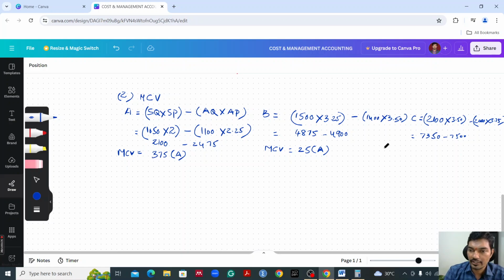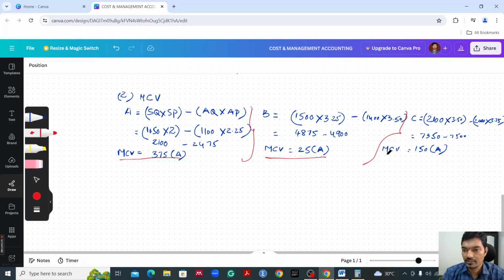So again we got a negative value for product C. We got a negative value of 150, which is adverse. So the MCV for product A is 375 adverse, MCV for product B is 25 adverse, and MCV for product C is 150 adverse.